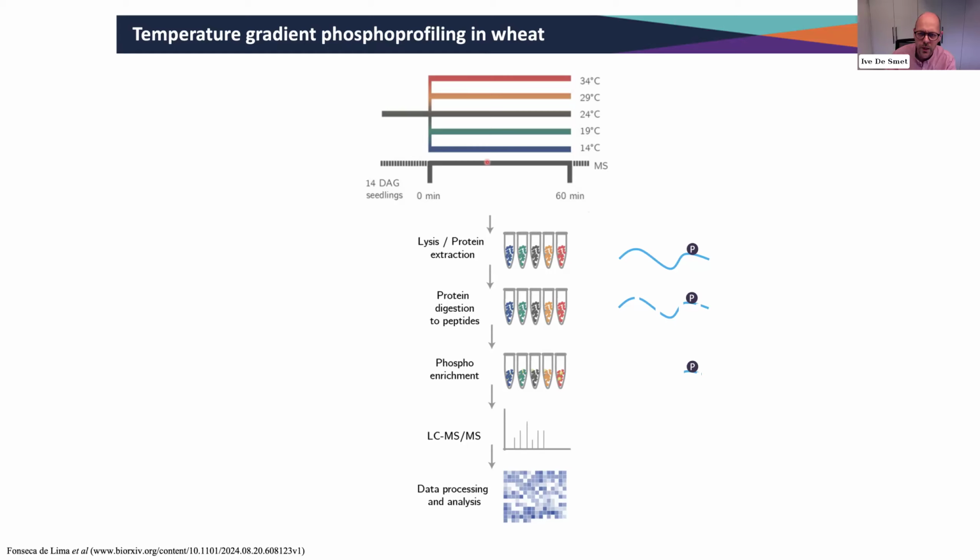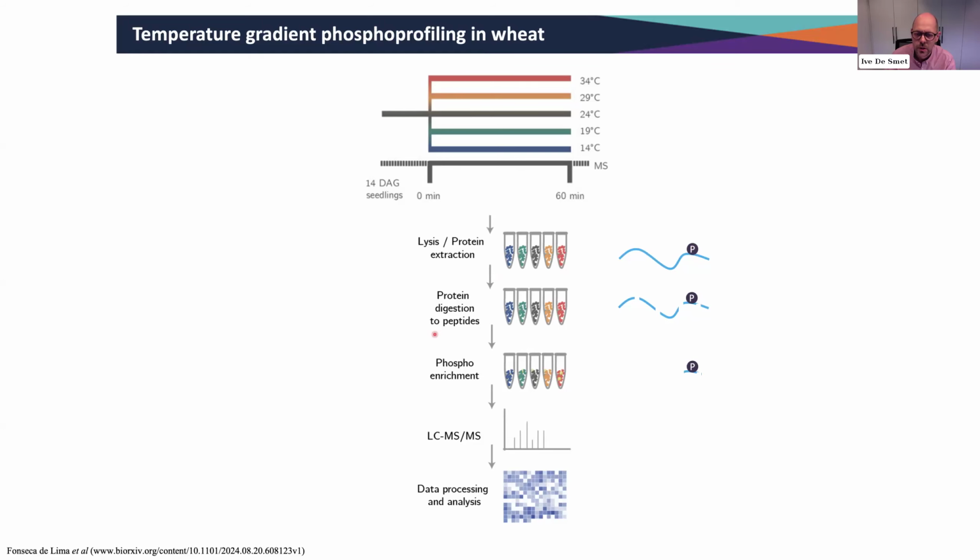So for that, we exposed seedlings to the same temperatures, but only for 60 minutes. And then we extracted the proteins from the leaves, and part of these proteins will be phosphorylated.